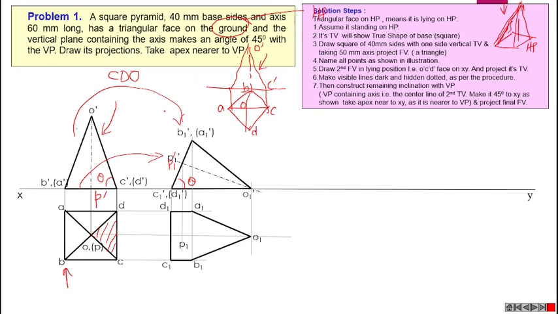Then we can draw the visual rays. In top view, these visual rays will touch A, B, C, D, all corners, all points. That means this entire base is visible. So A1, B1, C1, D1 must be in thick line. That means the entire base is visible.